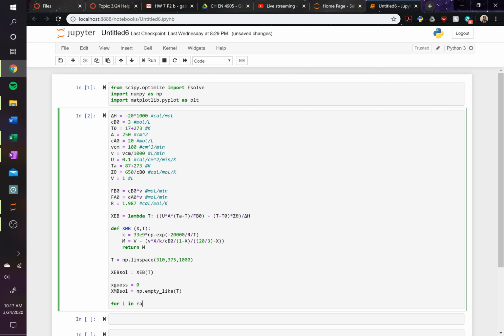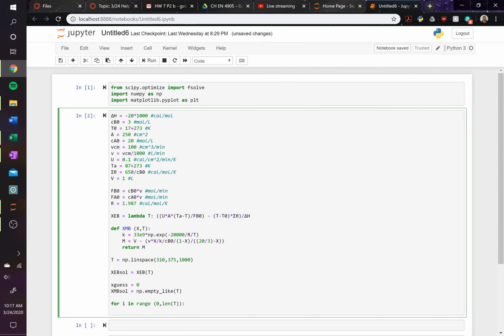So for I in range of 0 to length of T, the mass balance solution of I is equal to fsolve, and your first input is your function, the second input is a guess for whatever you're solving for, so in that case, x guess.